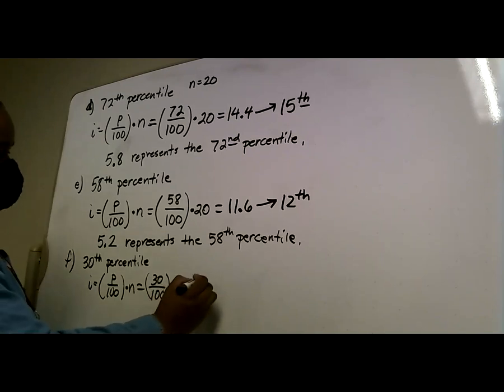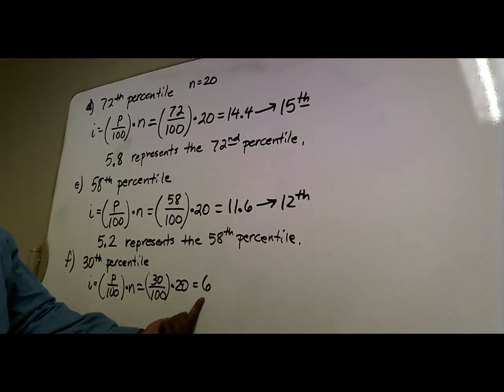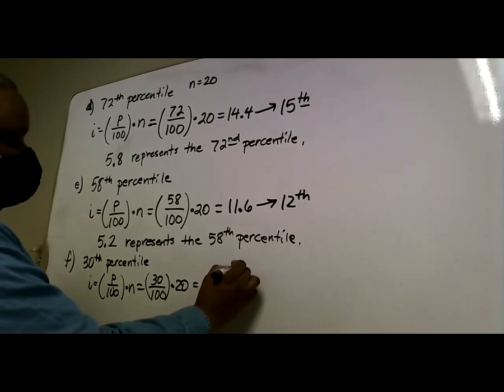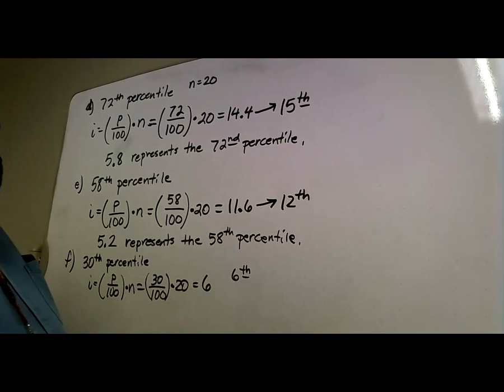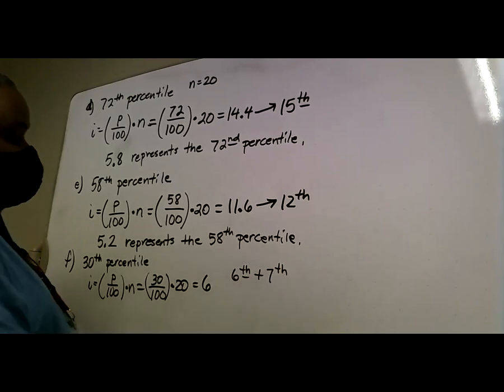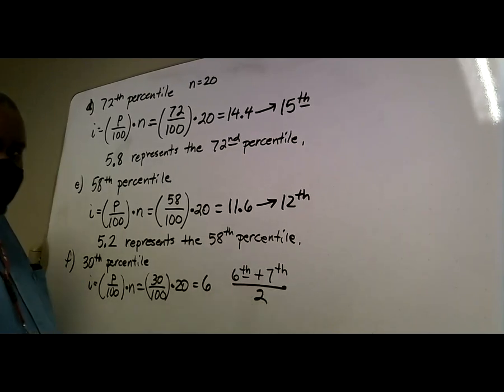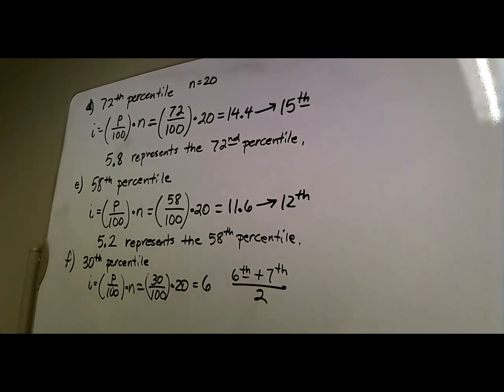This time it's 6. So this time we came up with a whole number of 6. So that means we need to find the 6th number and the 7th number and take the average of the two. The 6th and the 7th number divided by 2.